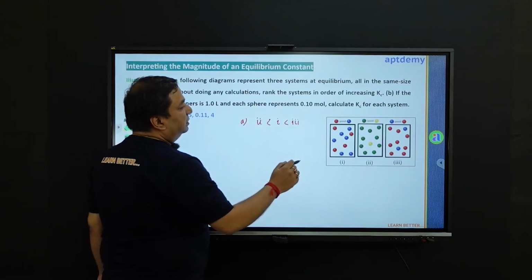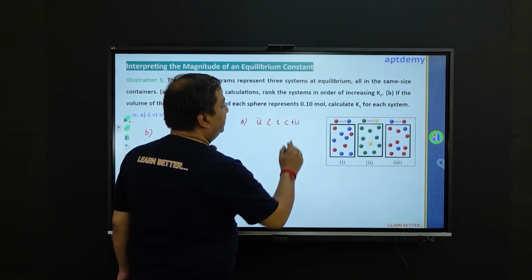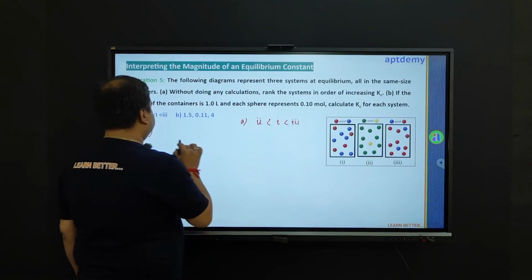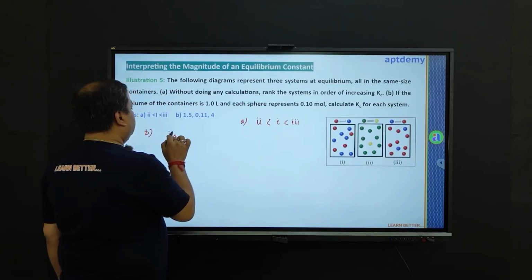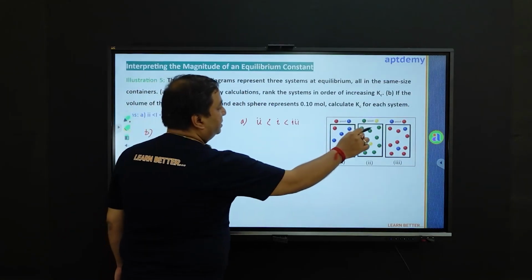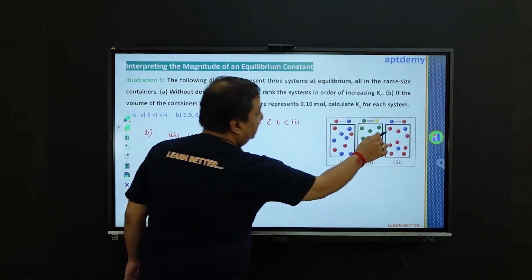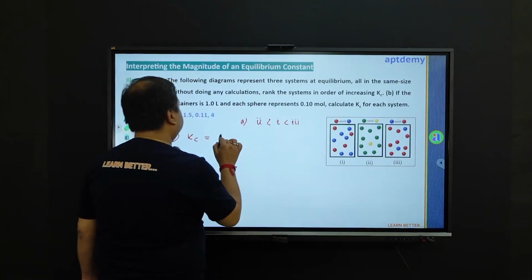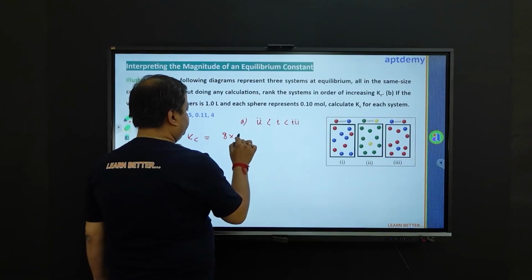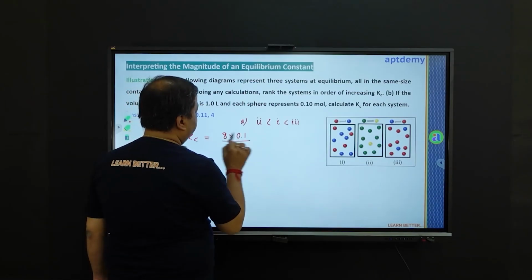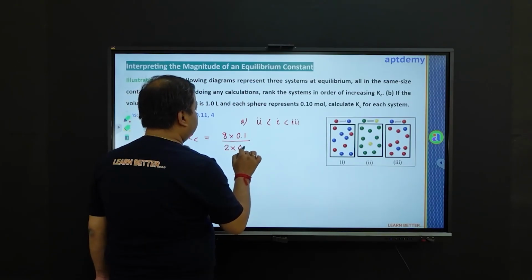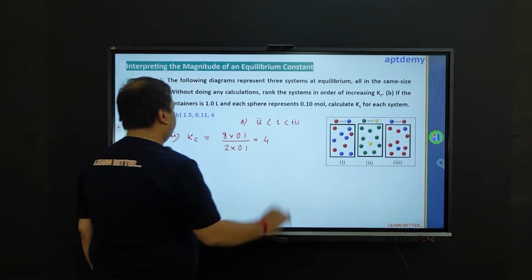Let us consider number 3 first. For 3, the value of Kc will be the number of products, which is 8, so 8 times 0.1 divided by 2 times 0.1, and the value that we get is 4.